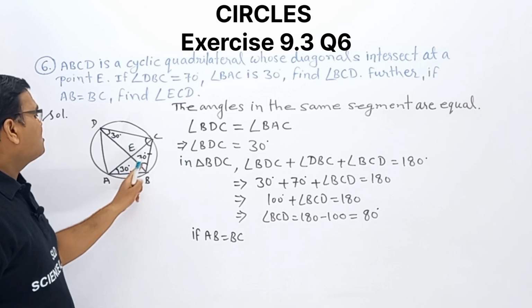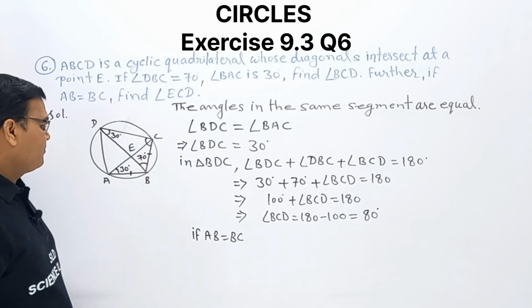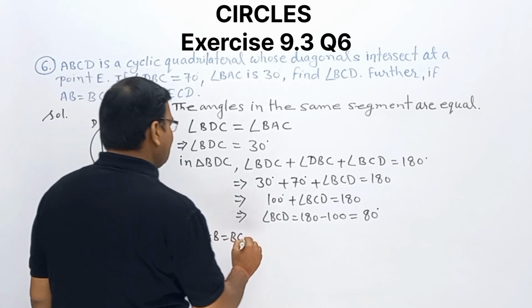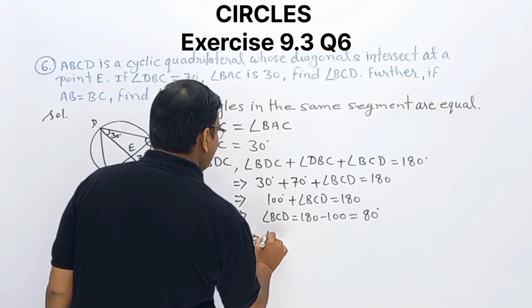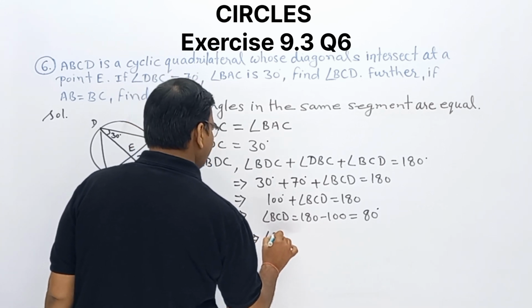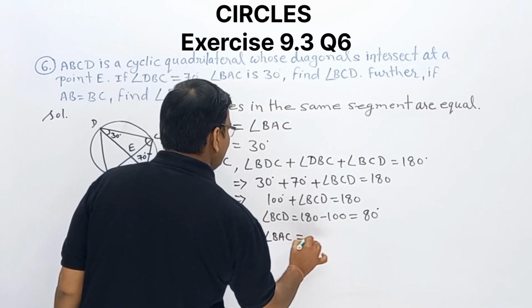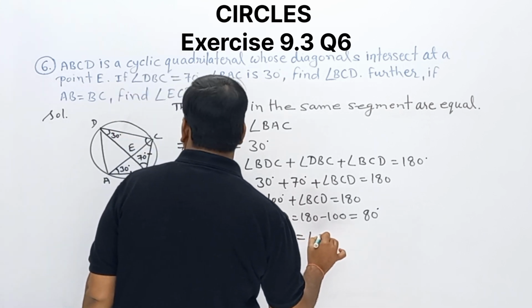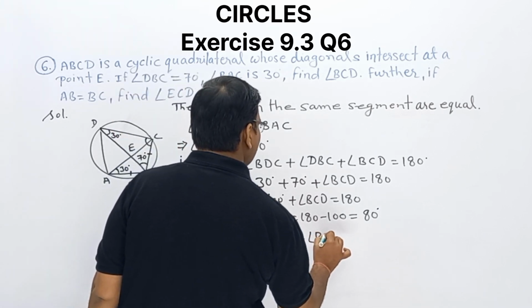So equal sides, opposite angles will be equal. AB equals BC implies angle BAC equals angle BCA.